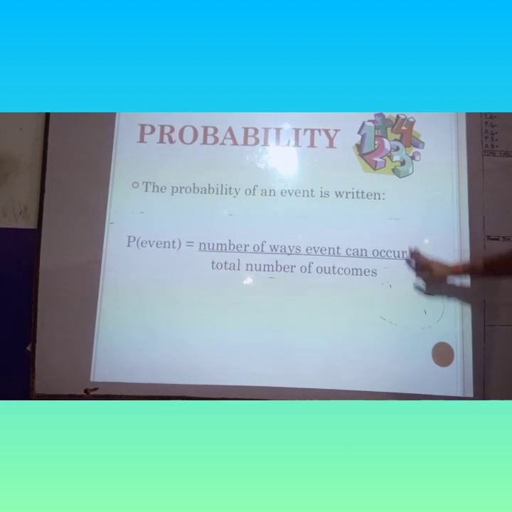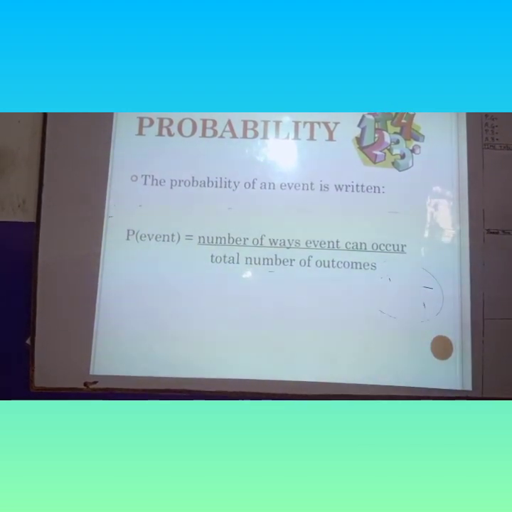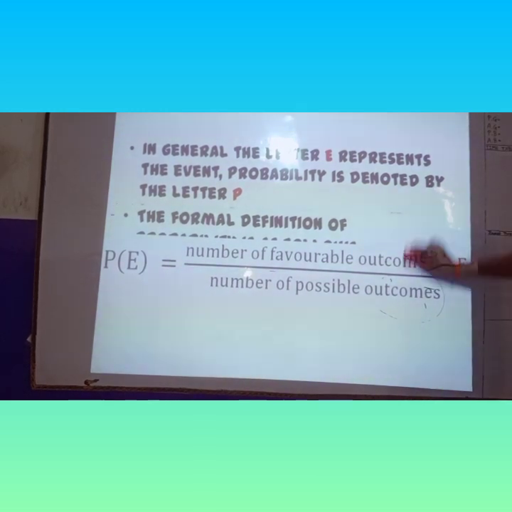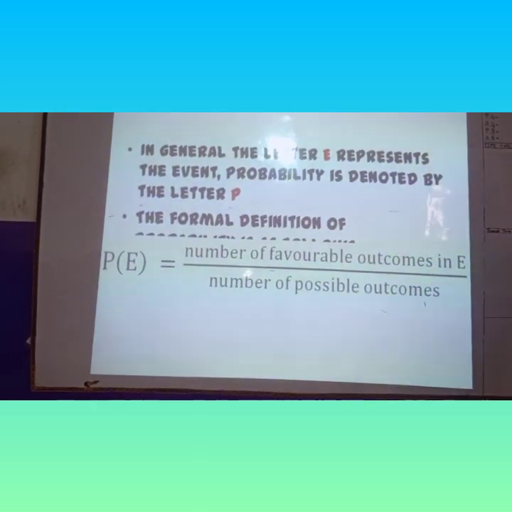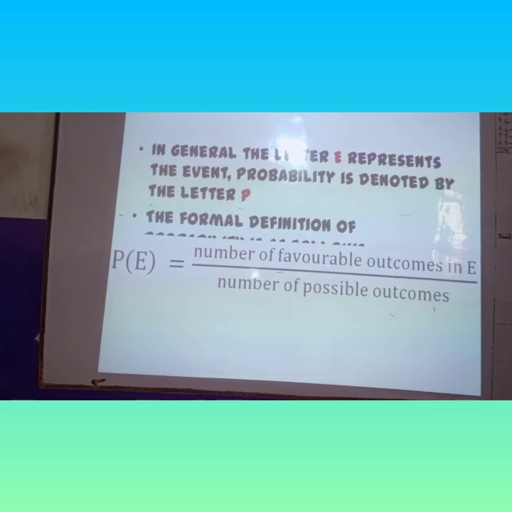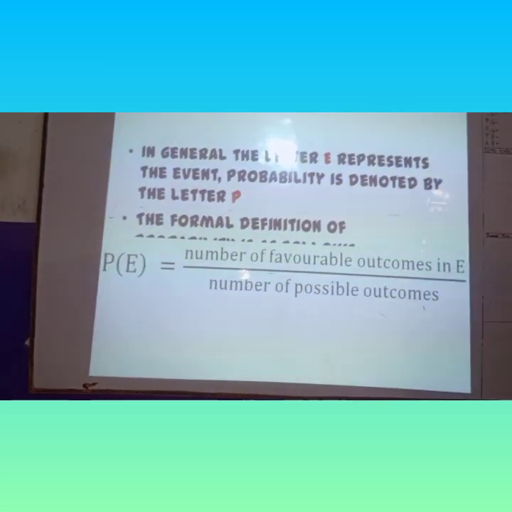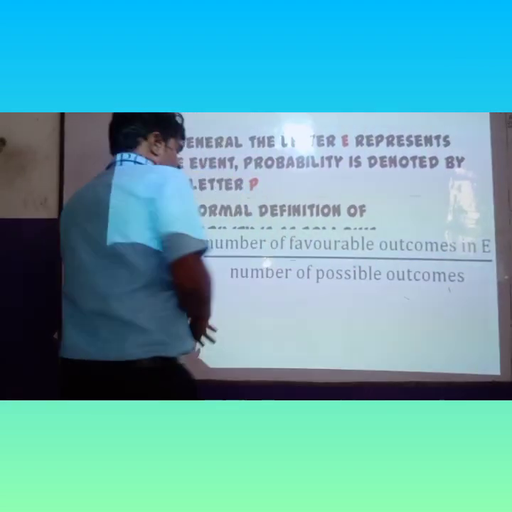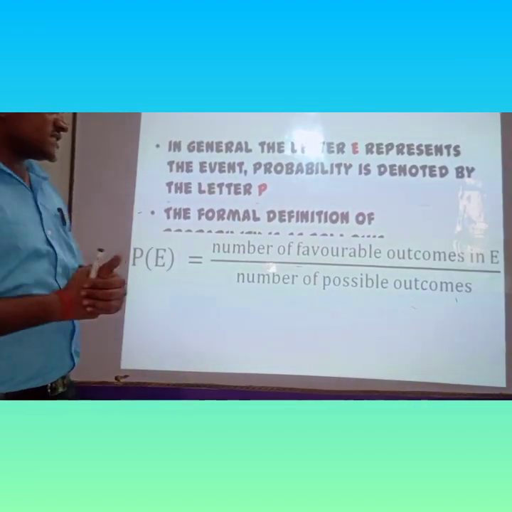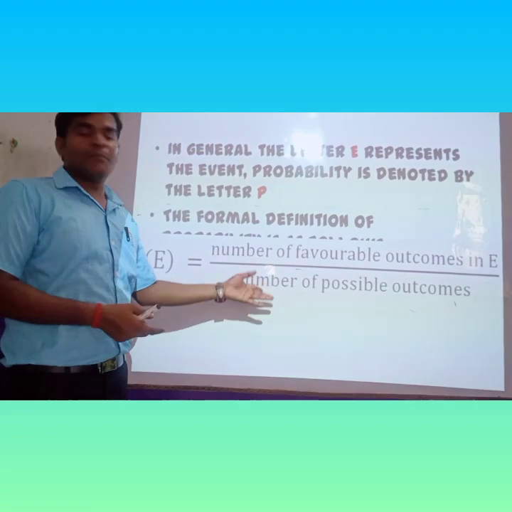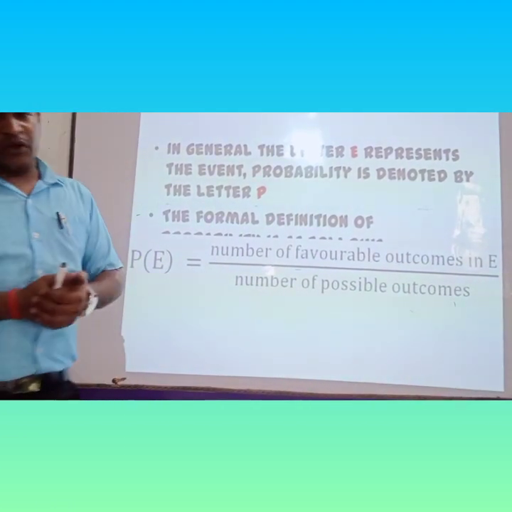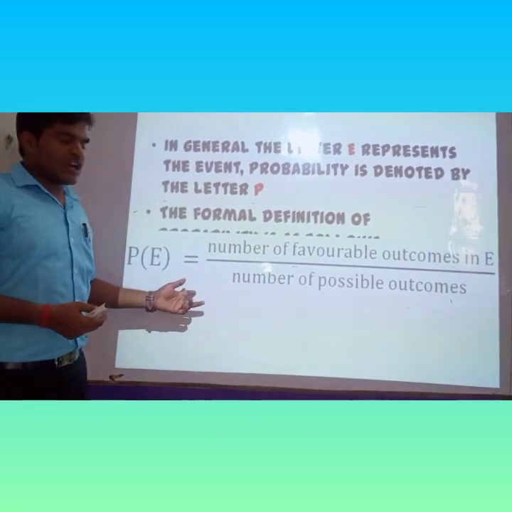This is the formula to find the probability. In other words, P of event equals the number of favorable outcomes upon the number of possible outcomes.